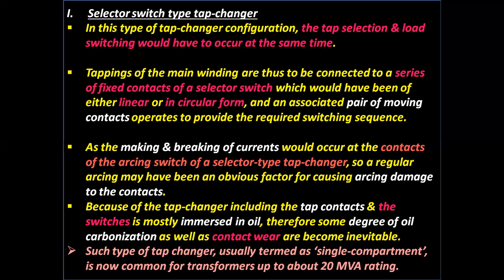Such a tap changer, usually termed single compartment, is common for transformers up to about 20 MVA rating. That is, up to 20 MVA rating, a selector switch type tap changer may be used.